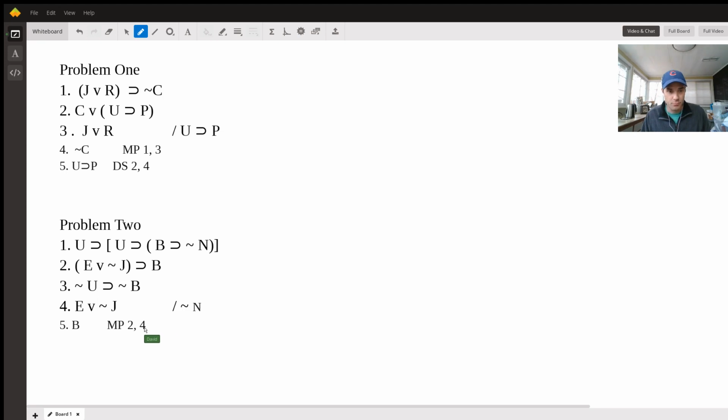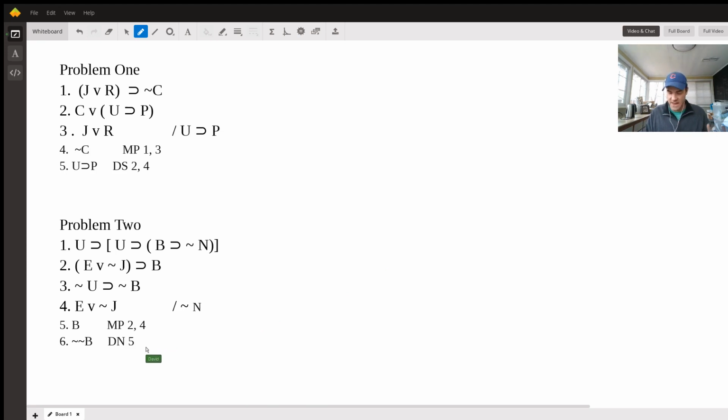So we can't quite do that yet. The first thing we need to do is use the rule of double negative to show that not not B, right? This is a simple rule that says that not not B is the same as B, called double negative. So that gives us number 6, double negative applied to number 5.